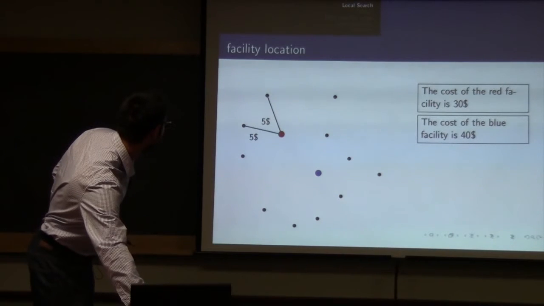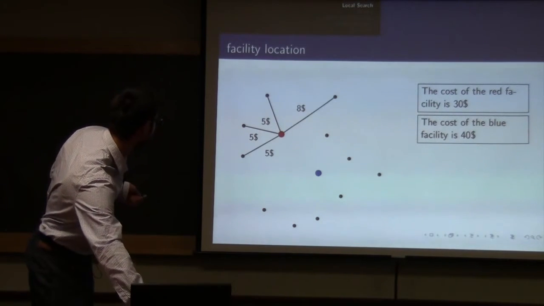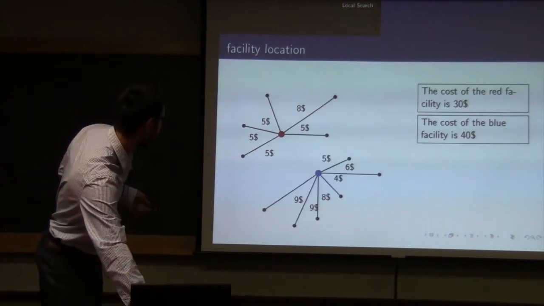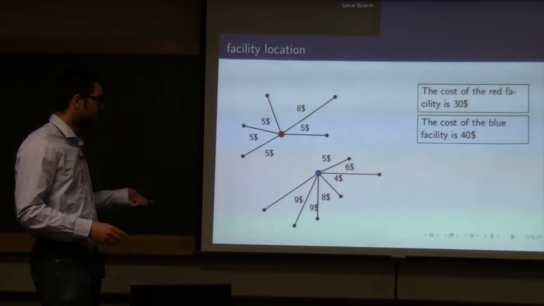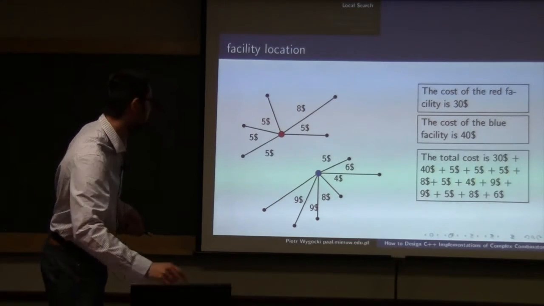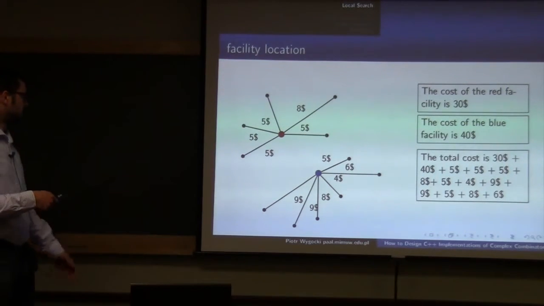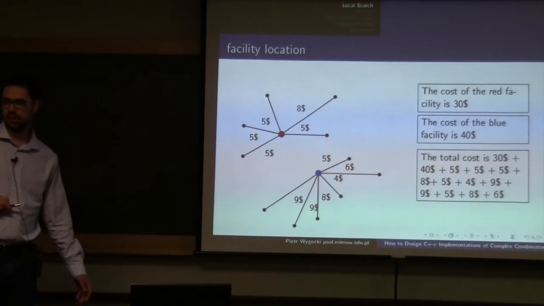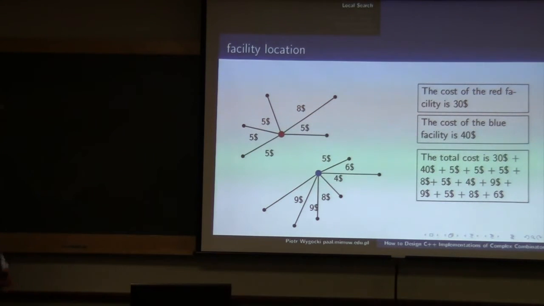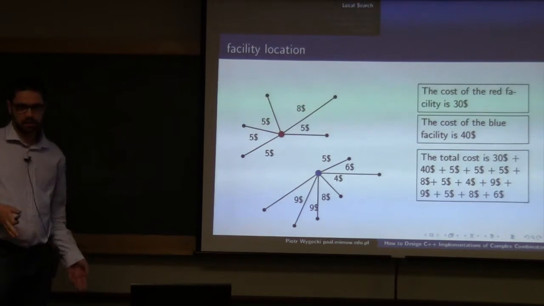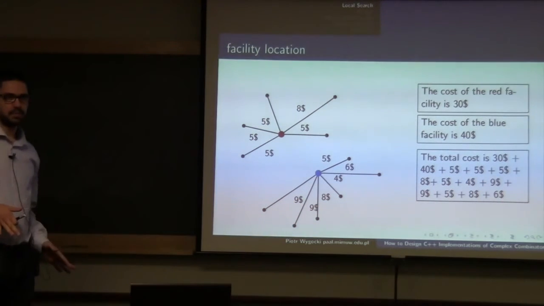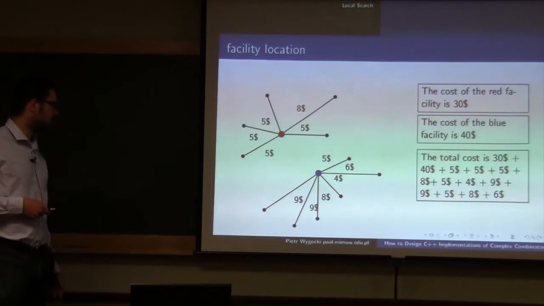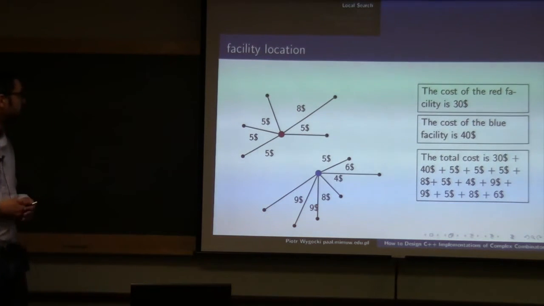And here it is the same, and this distance is a little bit bigger, so it's $8, and so on. You've got the picture, and our total cost is just the sum of all these costs. Is it clear? Any questions? So it looks more like a real-world problem. Yes, it's still a toy problem, but it's more like a real-world problem.